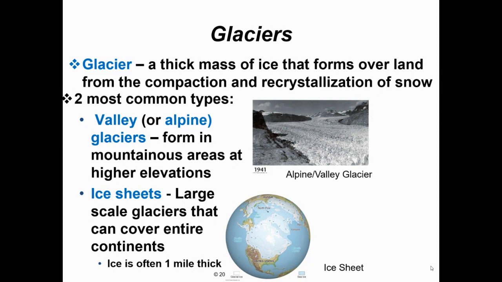Every time you get another season's worth of snow added on the top, you basically start to pack the snow that's deeper down, pack it closer together, more tightly, kind of like a snowball. When you're packing a really wet snowball, you can get it really packed and pretty small compared to when you started out.